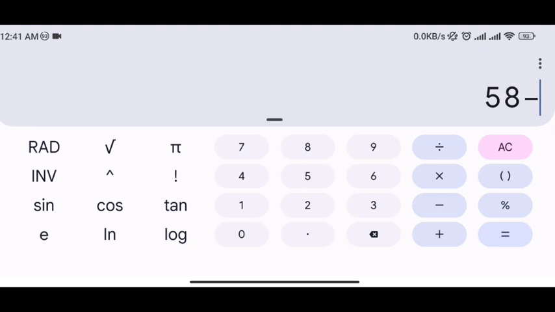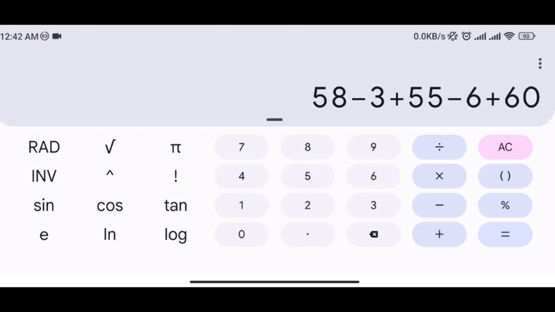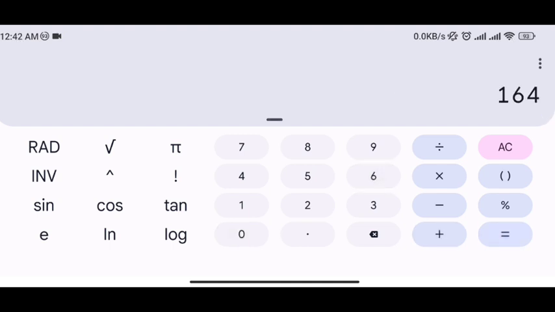58 minus 3 plus 55 minus 6 plus 60 equal to 164. 65 into 6 minus 5 plus 45 equal to 430.